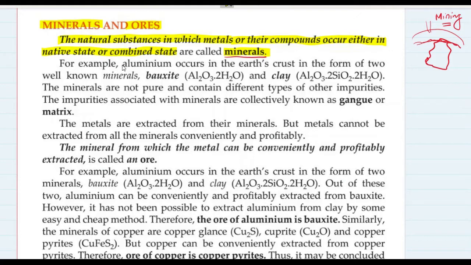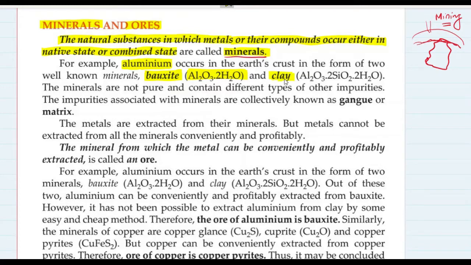For example, aluminium. Aluminium is in the top section of the reactivity series, so it does not occur in its native form. It occurs in the form of its compounds, which are minerals. It occurs in two well-known minerals. One is bauxite, Al2O3.2H2O, aluminum oxide with two molecules of water of crystallization, and the other is clay.